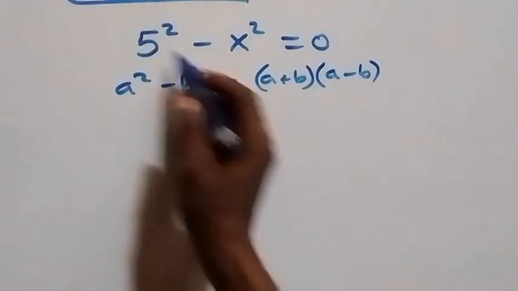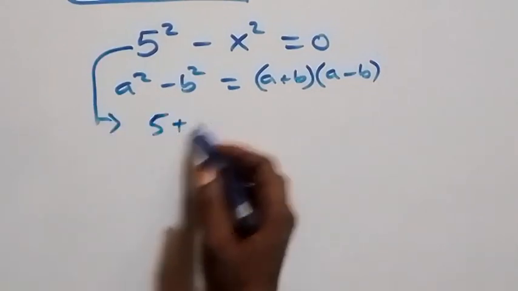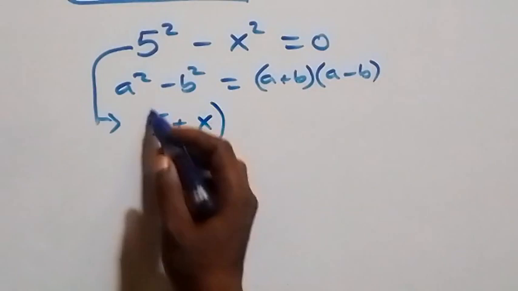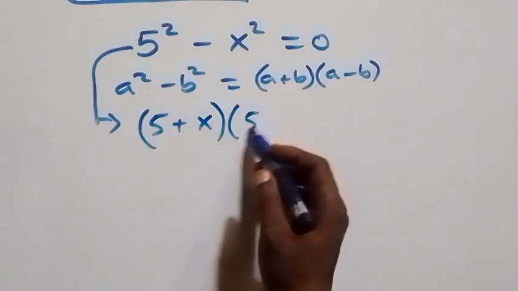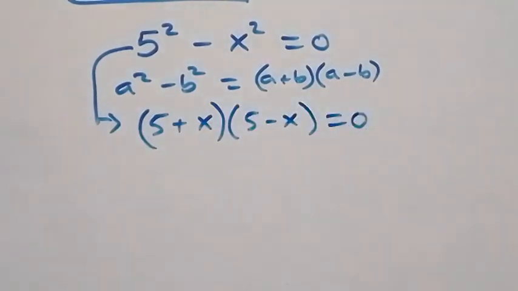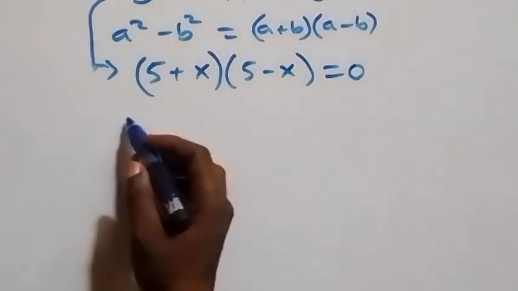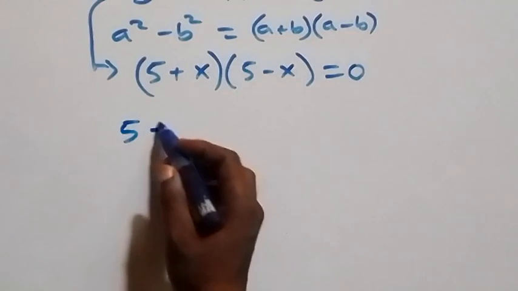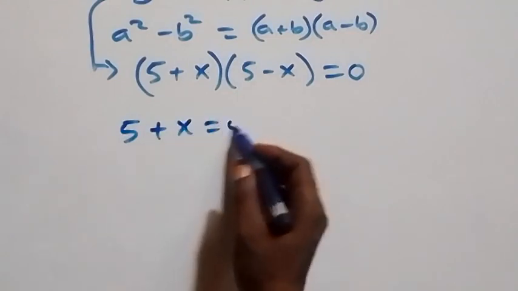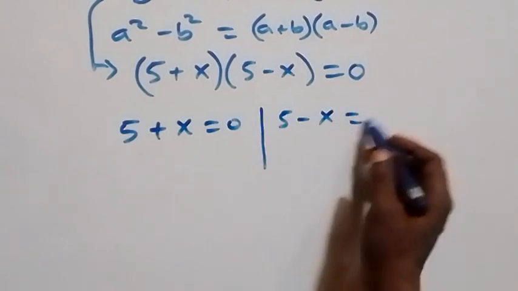Then here we can write this as 5 plus x in brackets, then open bracket, 5 minus x equals 0 from here. At this we have two cases here. 5 plus x equals 0, or we have 5 minus x equals 0.